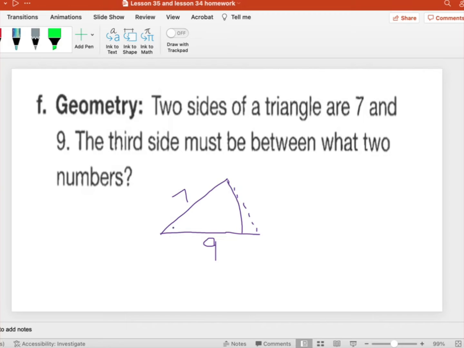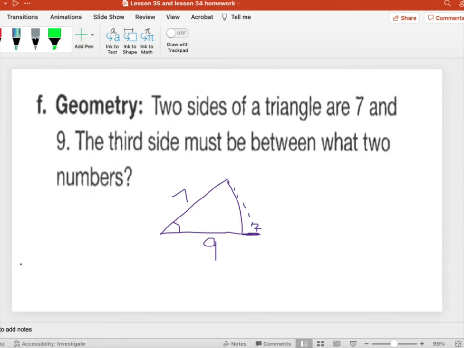So what we're saying is that this angle right here goes almost to 0, so close to 0 that we almost can't see how far it is off. So wouldn't this 7 come lay down on the 9, and then this leftover little bit here would be 2.